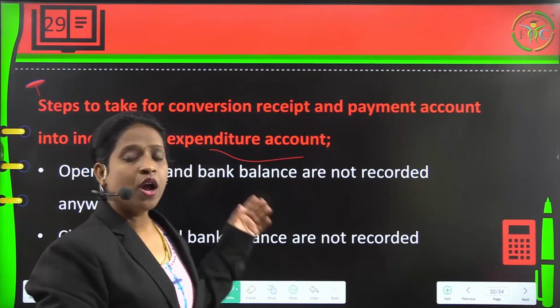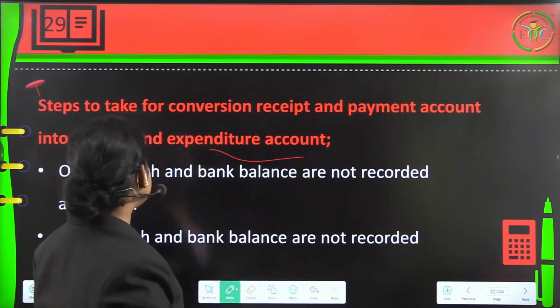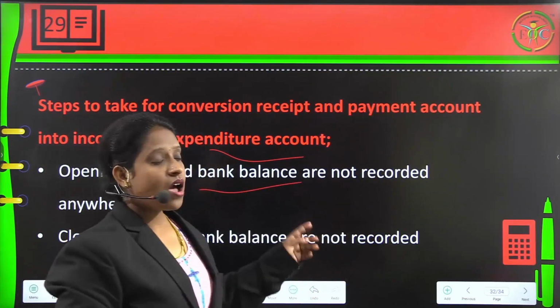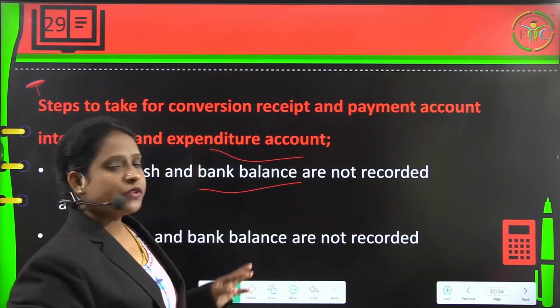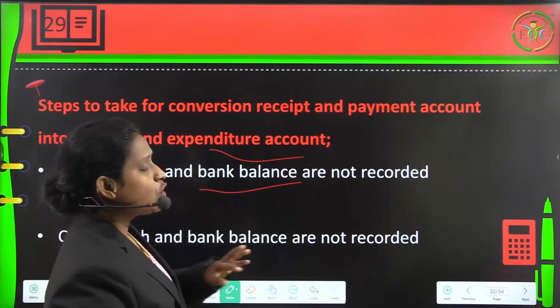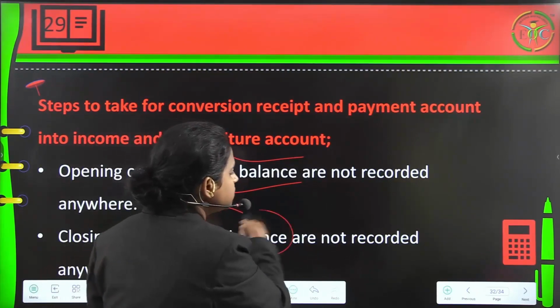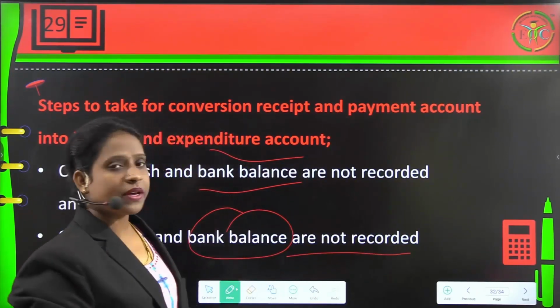Let's understand what steps we have to take. Firstly, opening cash and bank balance will not be recorded anywhere. Then closing cash and bank balance are also not recorded anywhere.